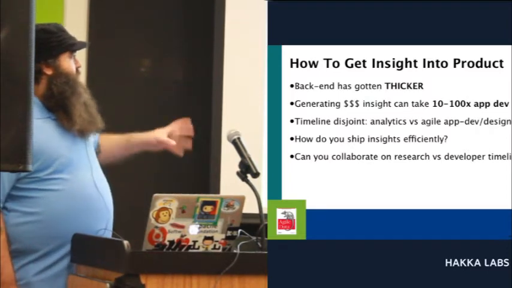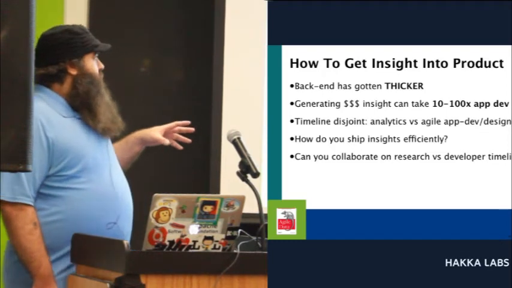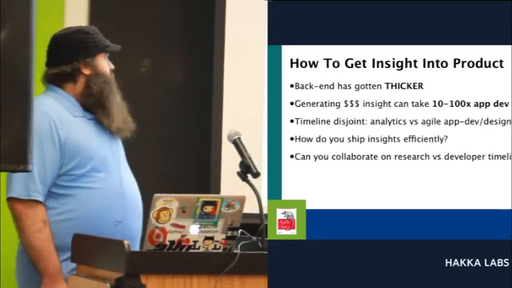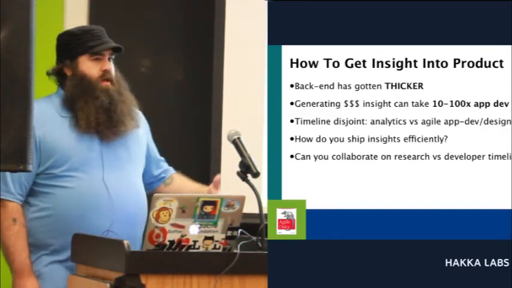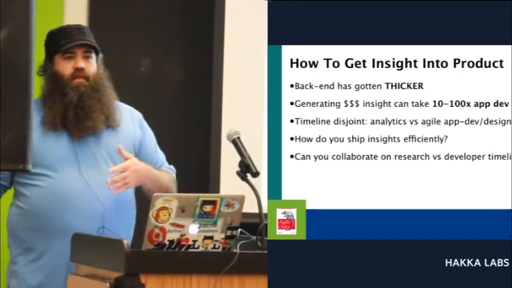And so there's this timeline disjoint of doing analytics or hardcore research with data versus building agile web apps or mobile apps. So how do you ship insights efficiently? And how do you collaborate on these two different timelines, the research timeline versus the application development timeline?